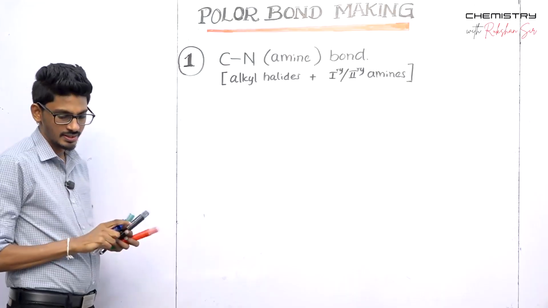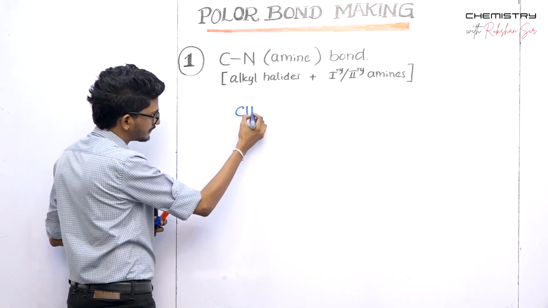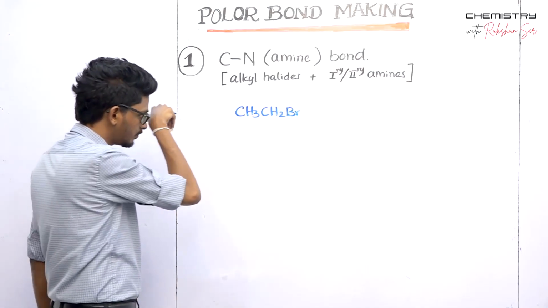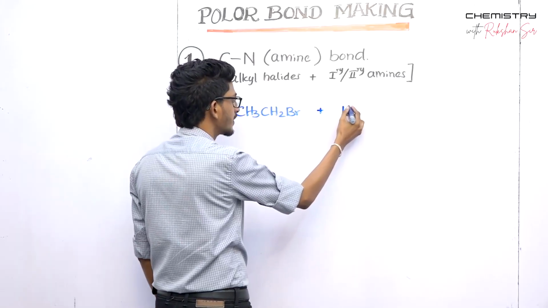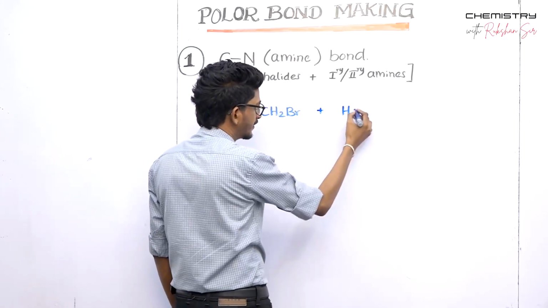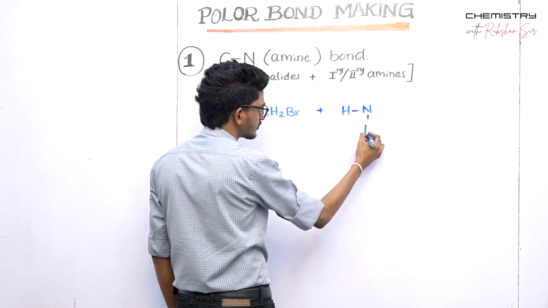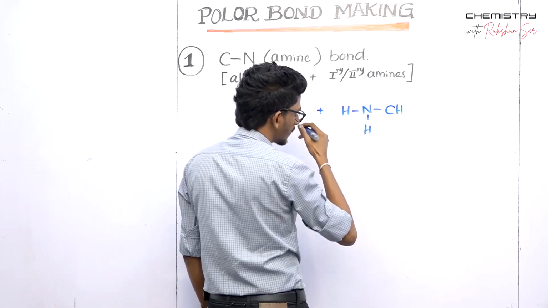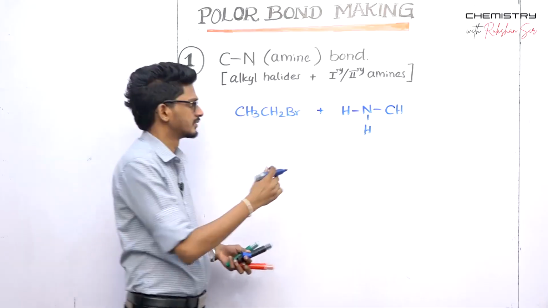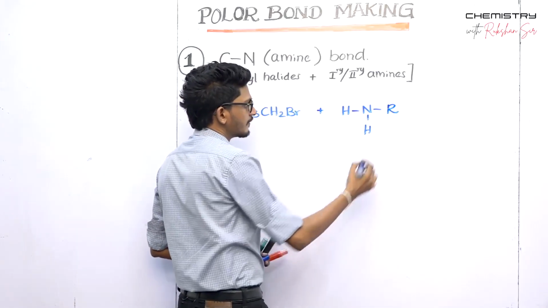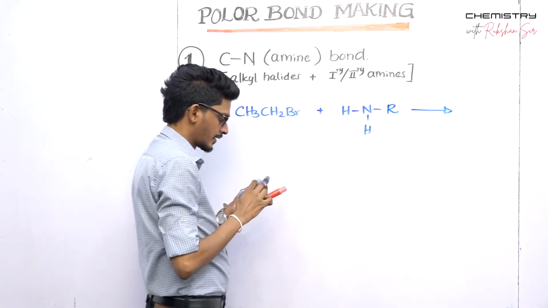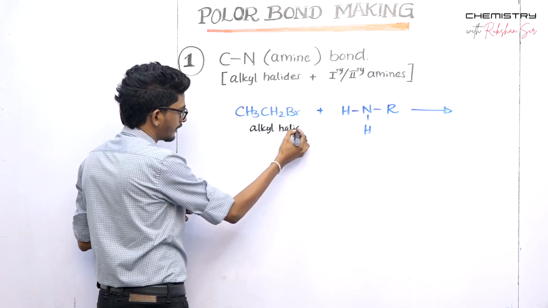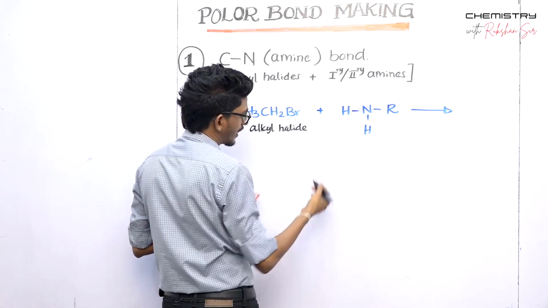It's like this. Say you are with this alkyl halide. If you react this alkyl halide with this kind of amine, I'll take some R group here, with this primary amine, only one R group is there.